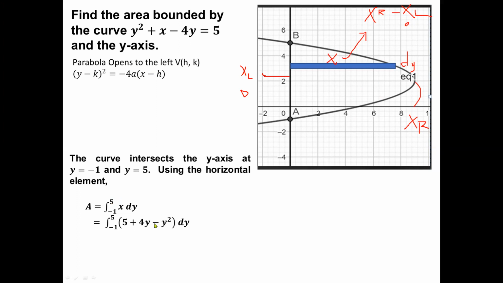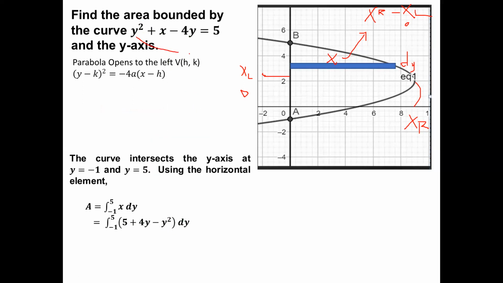So, paano nakuha yung 4y minus y square? Paano nahanap yung 4y minus y square? So, tingnan natin. Yung lahat ng mga terms dito sa taas, transpose lang natin.